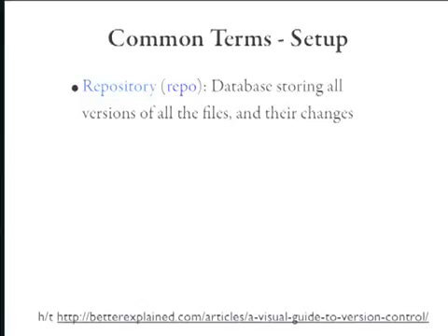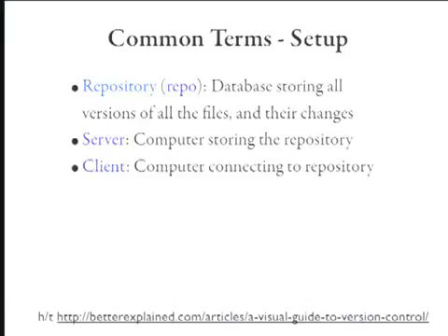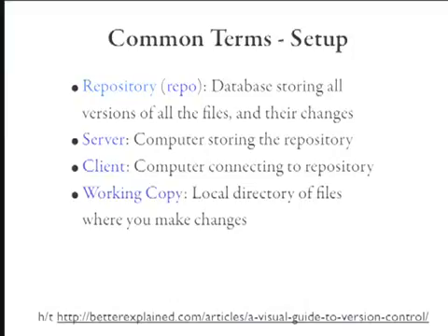There's a server, which is the computer storing this repository. A client is the computer connecting to the repository. A working copy is a local directory of this repository where we make all the different changes to our files. And this word trunk is a primary location for all the code in the repository.